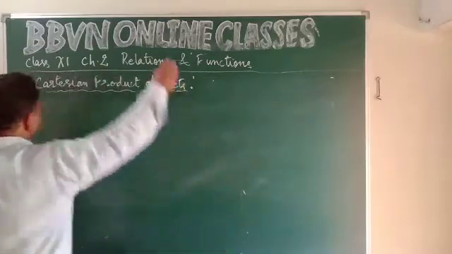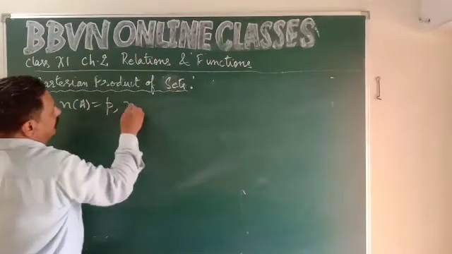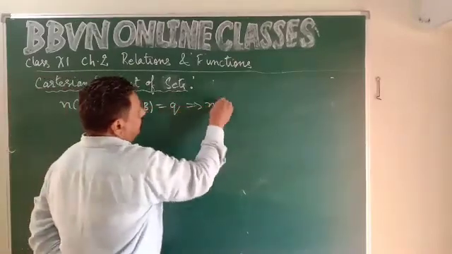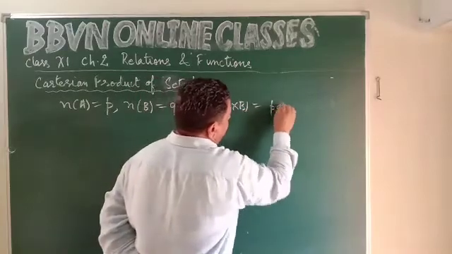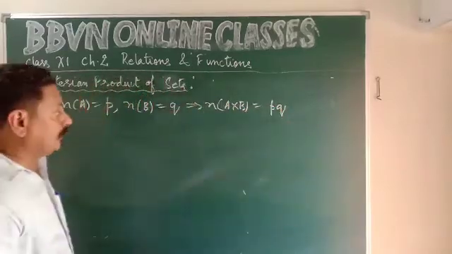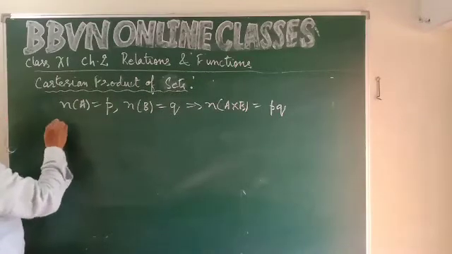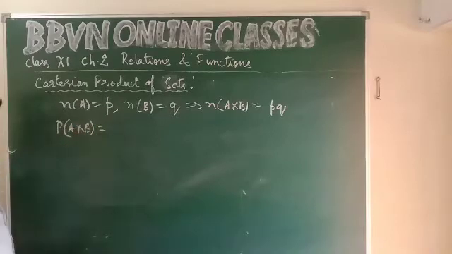Now the number of elements in set A is equal to p. Number of elements in set B is equal to q. This implies the number of elements in A cross B is equal to pq. Now, the power set of A cross B is a set which contains all the subsets.